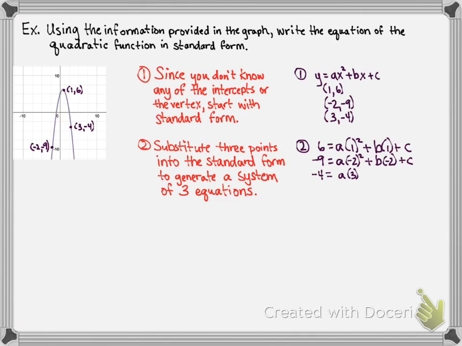And the third one, y is negative 4, x is 3, so negative 4 equals a times 3 squared plus b times 3 plus c. If I simplify these, the first equation is 6 equals a plus b plus c. The second equation is negative 9 equals 4a minus 2b plus c. And the third equation is negative 4 equals 9a plus 3b plus c.